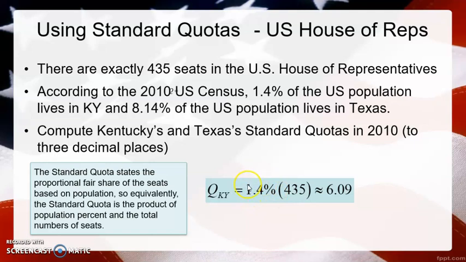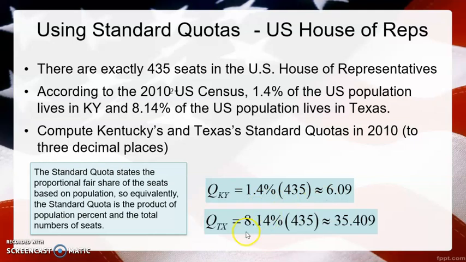Remember that we have to convert the percentage to a decimal by dividing by 100, and then we multiply by 435 to get the 6.09.